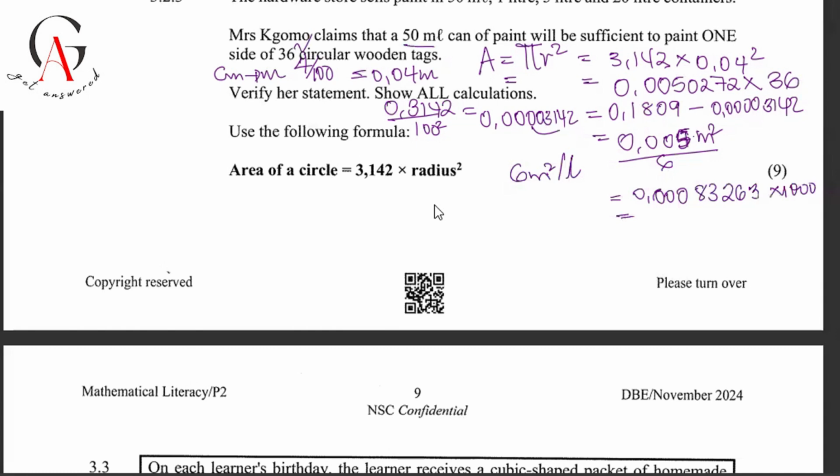So multiply by 1,000 and I will get 0.8 milliliters. The statement is valid.